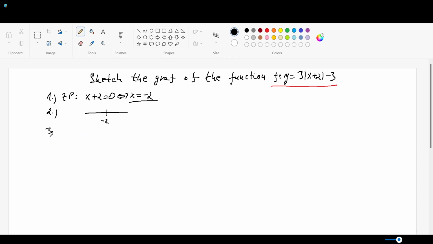And then you will use this information in the third point, where you construct the table to find what this expression in absolute value or the whole absolute value will become when you are calculating the numbers out of that. So basically in the next step you sketch the table.